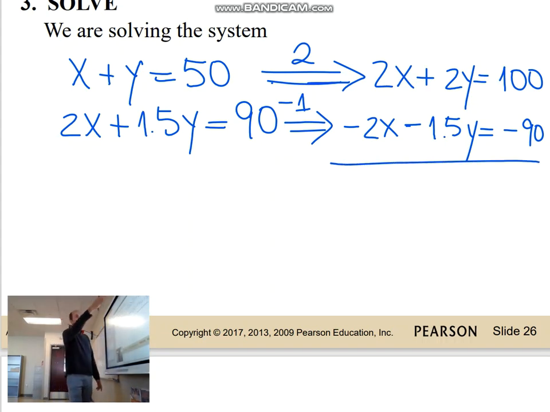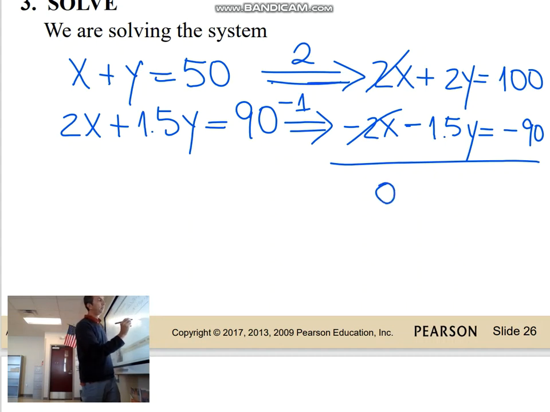And now add the equations: 2x minus 2x, 0, 2y minus 1.5y, 0.5y, and 100 minus 90 is 10, right?